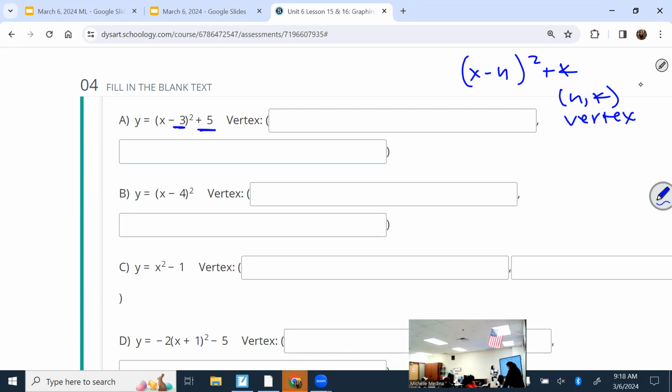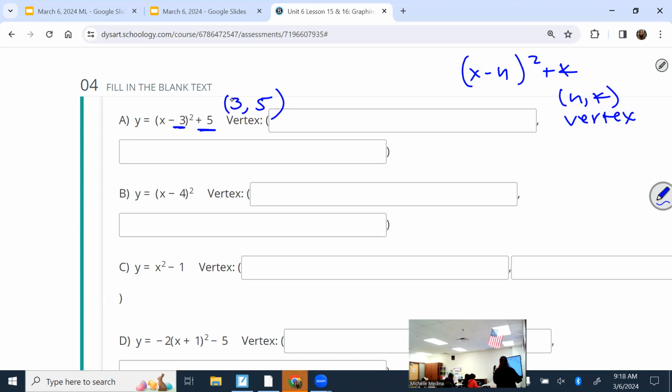And remember how it looks in the equation for the H is always opposite. So the vertex for this first one should be what? Three, and then 5. So the K always matches the sign. The H is always opposite how it looks.